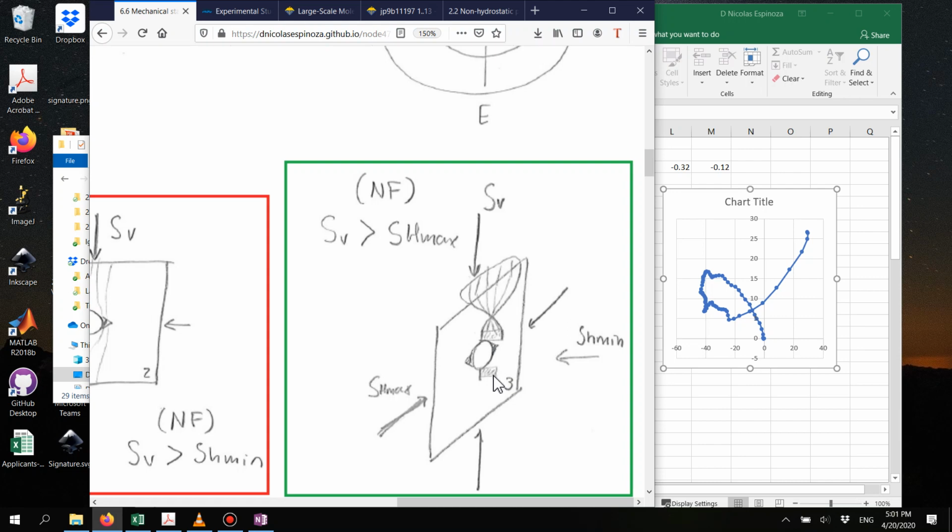And in this case, the local least principal stress is the hoop stress. The hoop stress, which will go in this direction, near the wellbore, makes this tensile fracture to be oriented as this vertical plane, which is extending in the direction east-west.